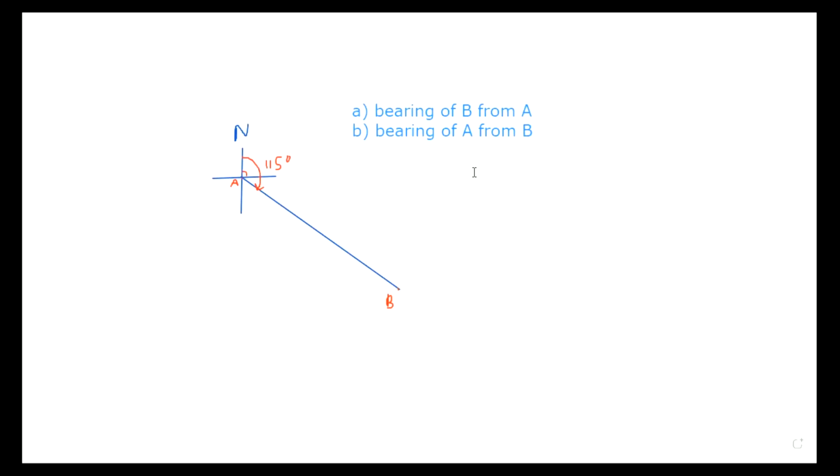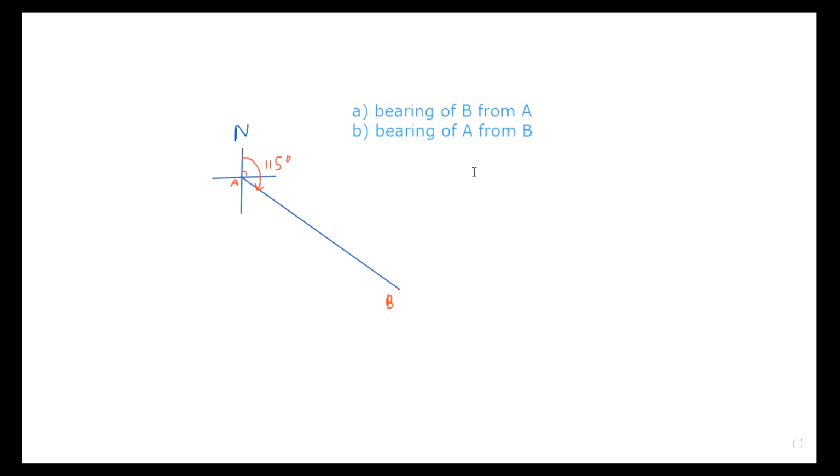Okay, 115 degrees is correct, but I want someone to put everything together and say the sentence completely. You could start by saying the number, or start with the bearing and end with is. The bearing from B to A is 115 degrees.